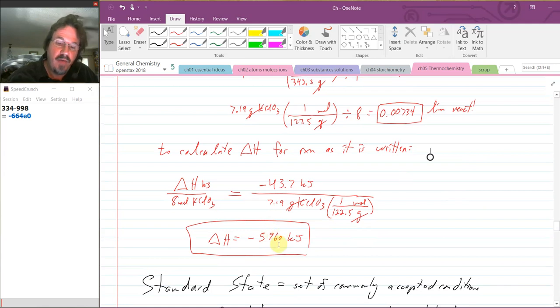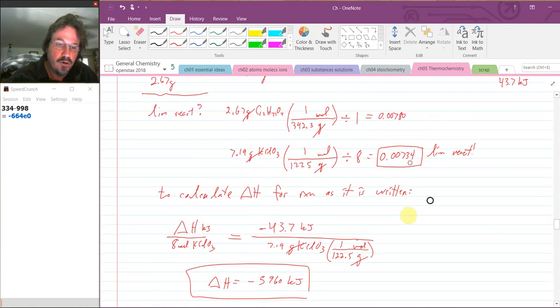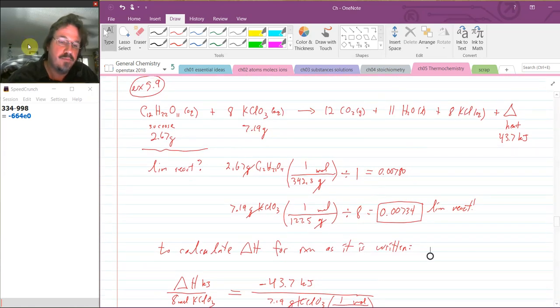So I could call that 5,960 kilojoules per 1 mole of sucrose, per 8 moles of potassium chlorate, per 12 moles of carbon dioxide produced. You're always saying for this reaction: negative 5,960 kilojoules per reaction, as it's written here.